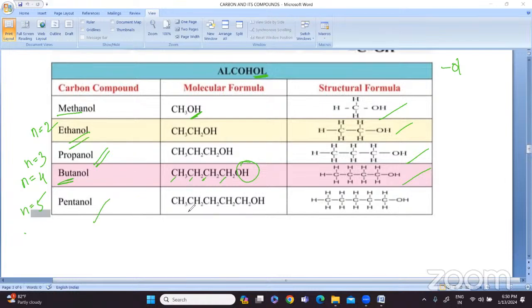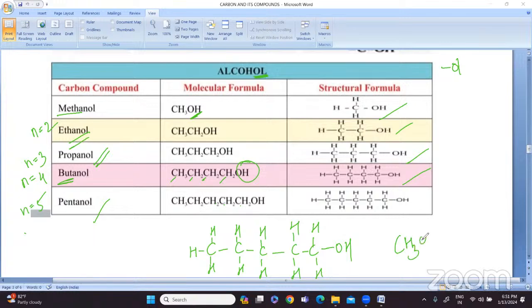The number of carbon atoms is 5, CH3, CH2, CH2, CH2, CH2, and it is substituted by OH.